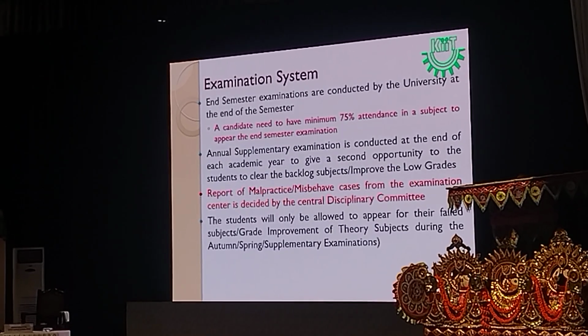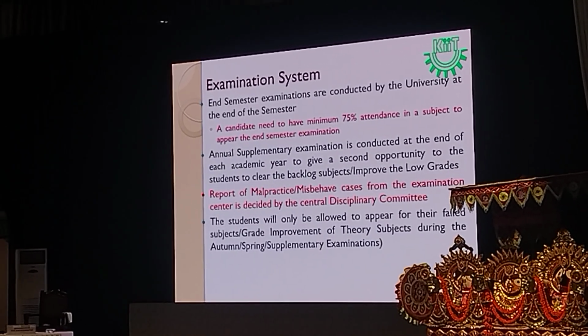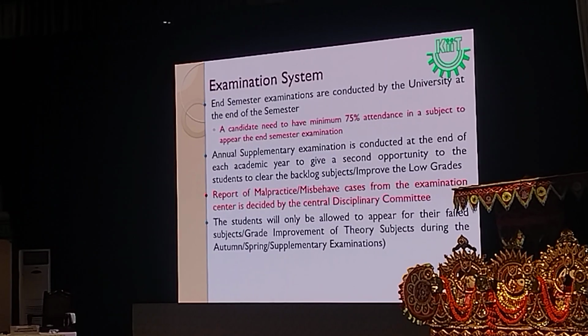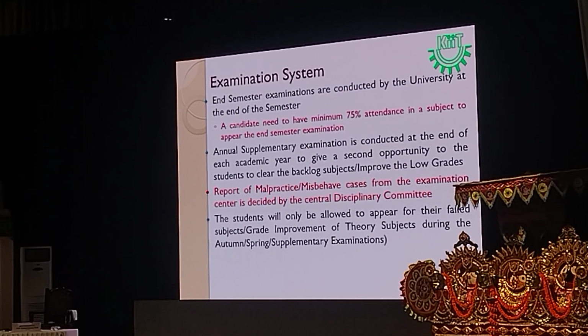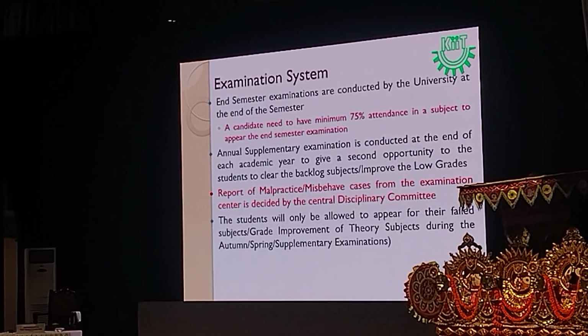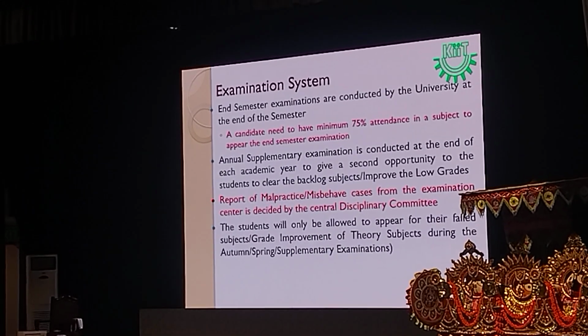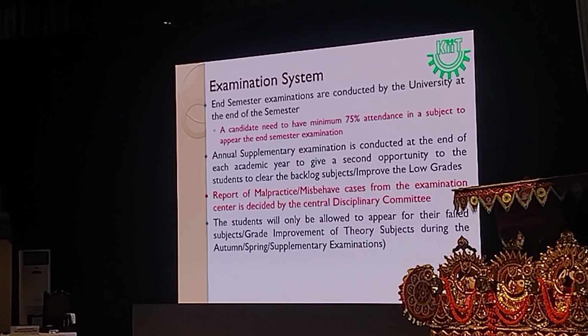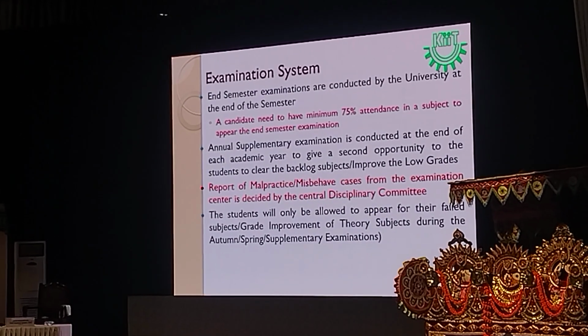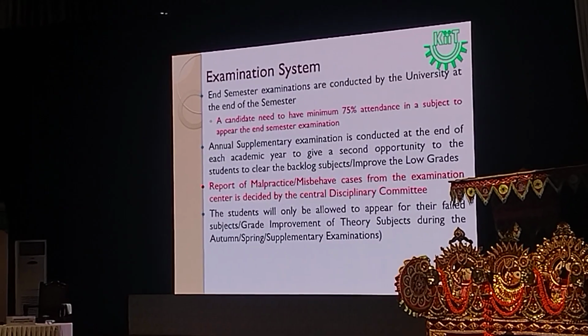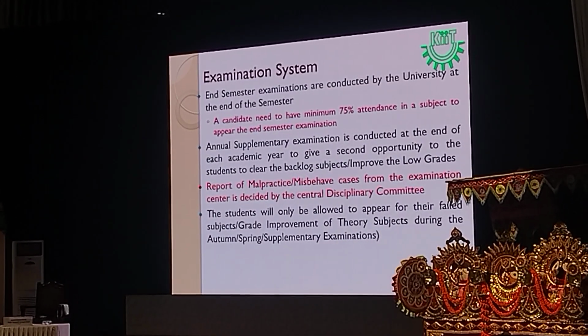If you are unable to appear then, when can you get the next opportunity? When you are in the third semester, at that time also you can appear for the backlog subjects of first semester. It means during the odd semesters you can appear for the backlog subjects of odd semesters only. During the even semester you can appear for the backlog subjects of even semesters only.